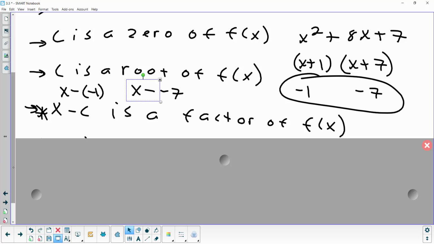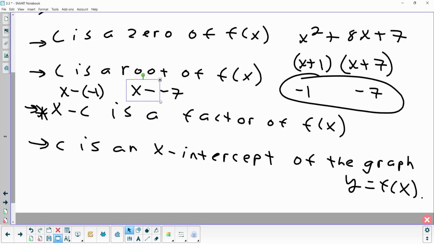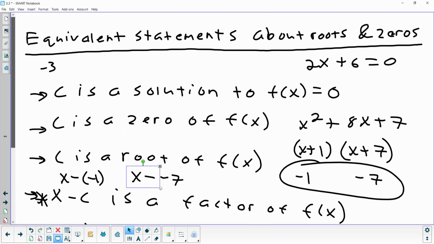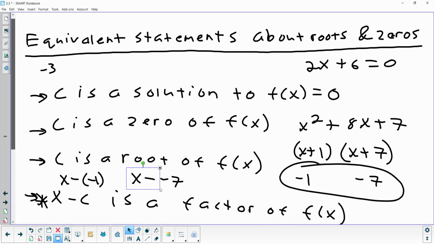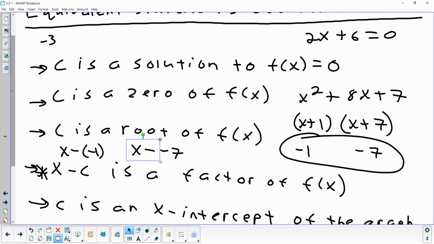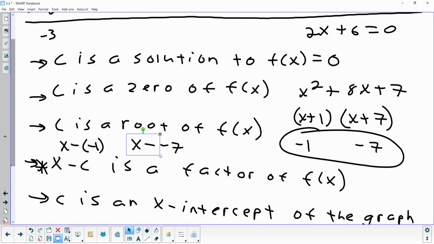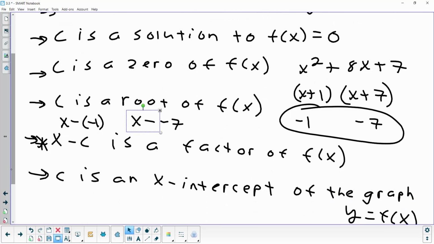Would it be the 0? It is the 0, but there's another name for it graphically, if you're thinking of it. The x-intercept. So the root, or the 0, is also the x-intercept of your graph. It's where it crosses the x-axis. So these all mean the same thing. -3 is a solution to that equation. -3 is a 0. -3 is a root. -3 is an x-intercept. They all mean the same thing.